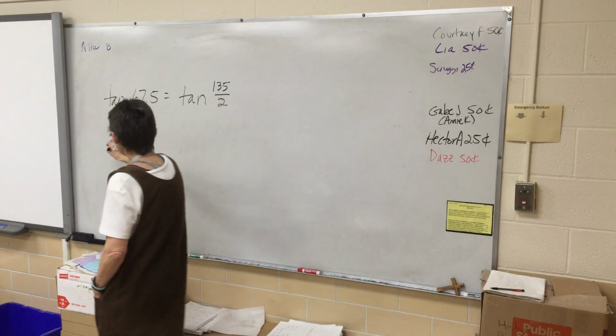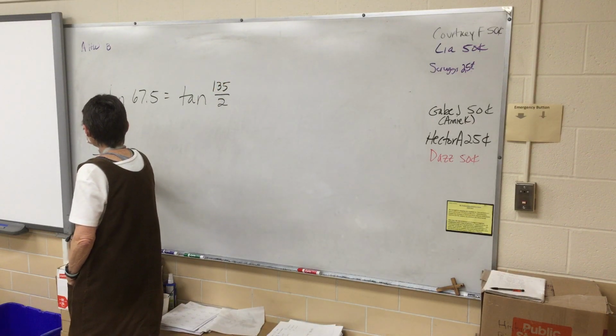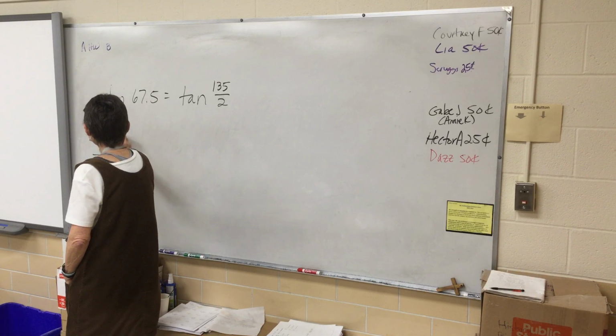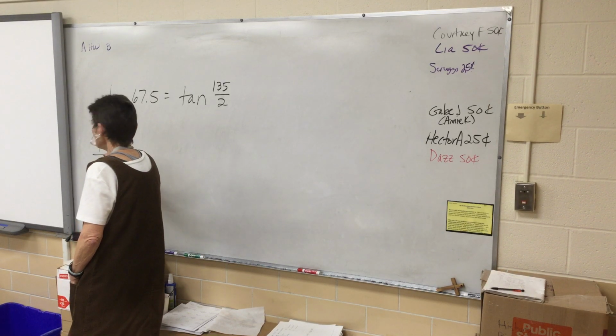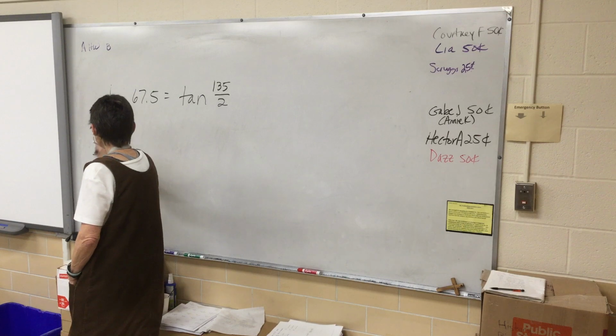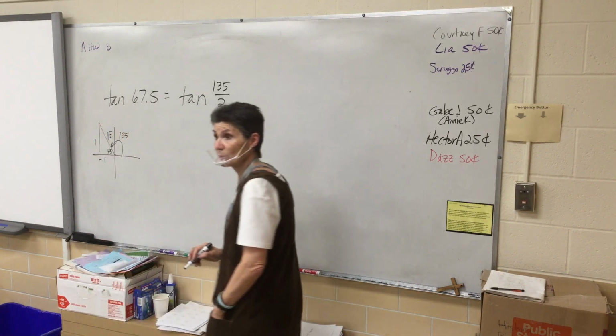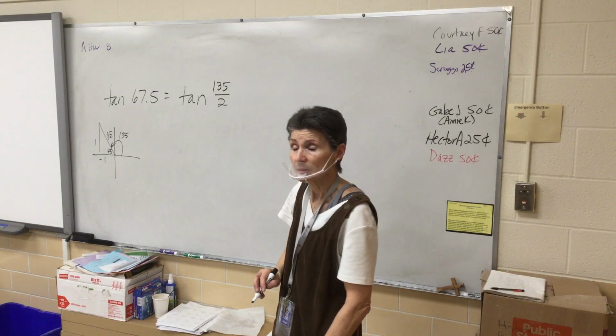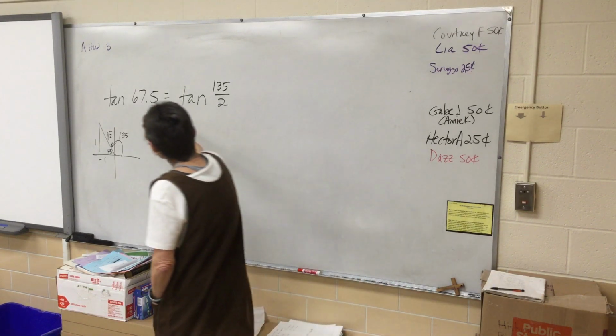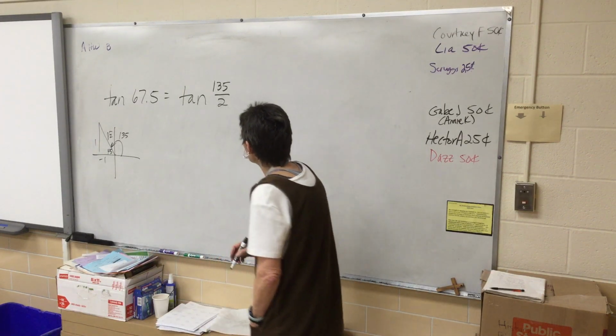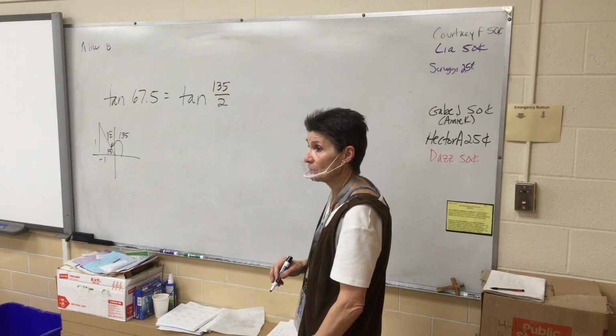Is 135 one of my special angles? Yes, because the reference angle is 45. So it's perfectly okay to rewrite 67 and a half as 135 over 2.